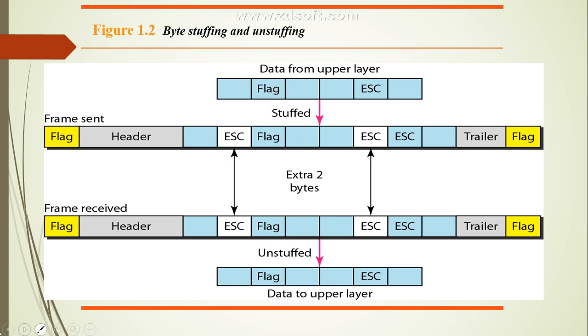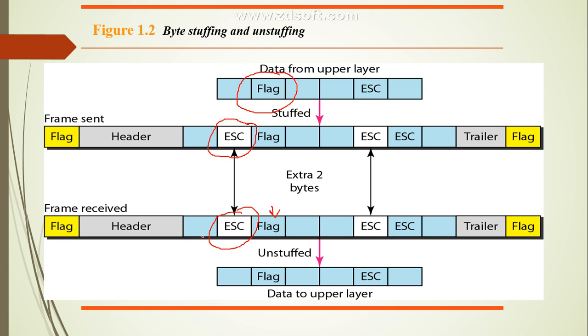So what we have done, as you will observe on the screen, is that if the flag comes as a part of the data, then we insert an escape character, which is called byte stuffing, so that whenever the receiver encounters this escape character, it will treat this flag portion as data, and not think it is the end of the frame, because the escape character precedes this flag.